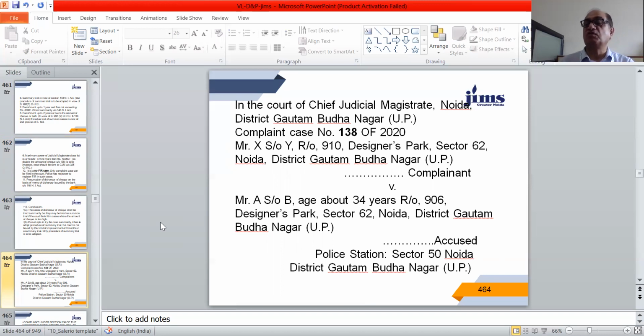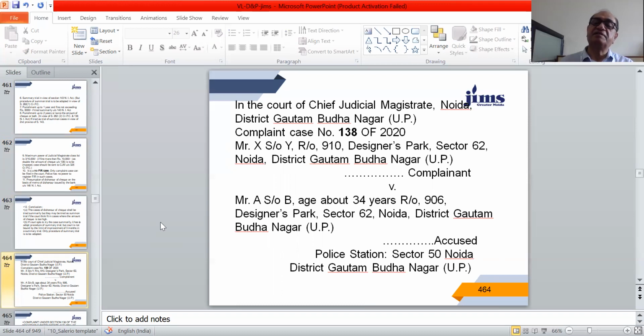If the amount of the check was, say, 40,000 rupees, and the fine is to be double of it, 80,000 rupees, the Judicial Magistrate Class 1 will have no jurisdiction to pass such a sentence. But the Chief Judicial Magistrate has no limit on imposing fines, which is why I have chosen the Chief Judicial Magistrate, who is of course a Class 1 magistrate posted in Noida, District Gautam Buddha Nagar. Then, criminal case number 138 of 2020.